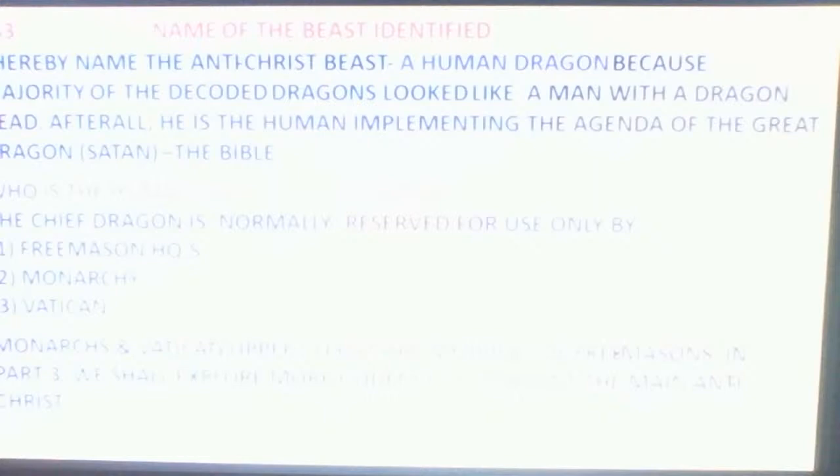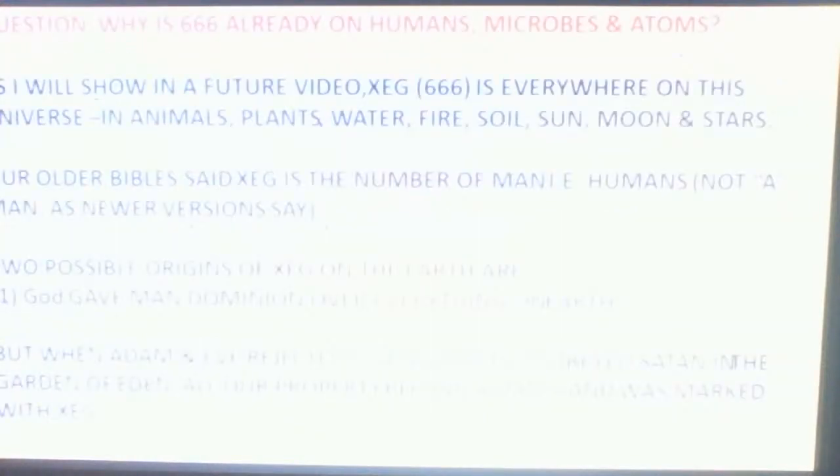So only 2 are remaining for us to pick from. And then the others, when we see those that use the beast images and beast number, then we'll be able to see more people. Now, question: why is SEG already on humans, microbes, and atoms?